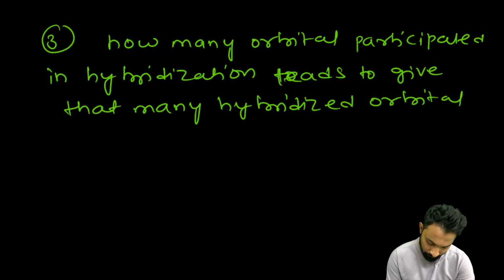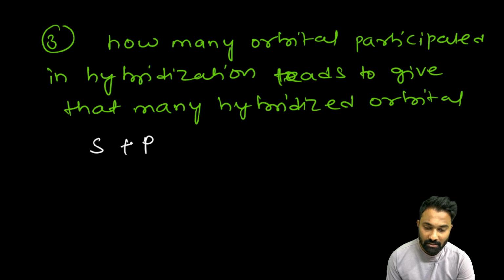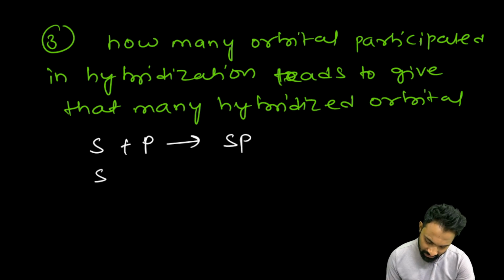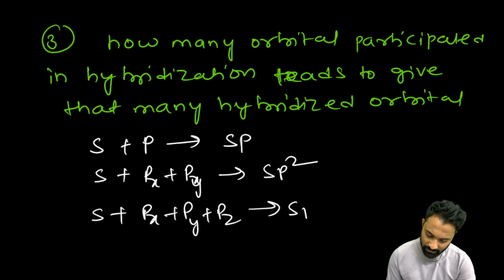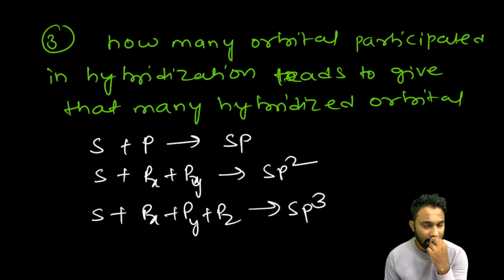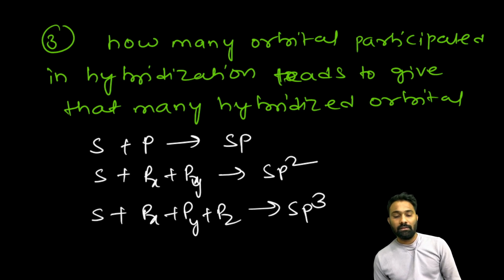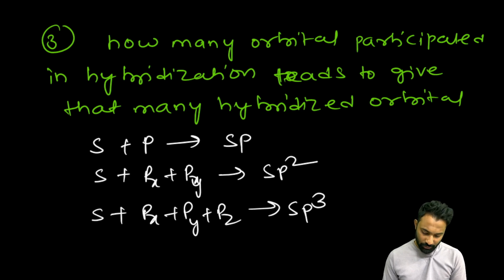So if one s orbital and one p orbital intermix, it leads to sp hybridization. If one s and two p intermix, it leads to sp2. If one s and three p intermix, it leads to sp3. Clear?